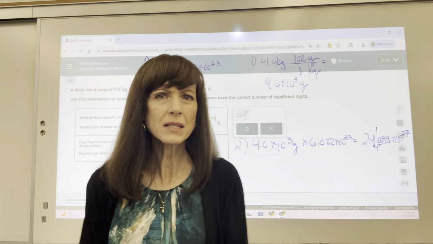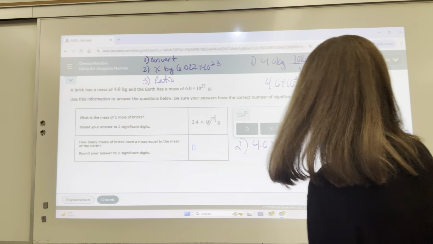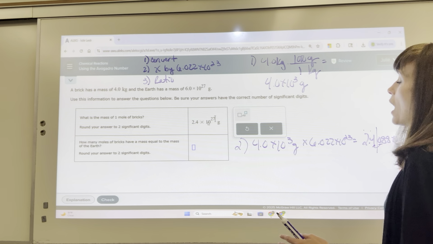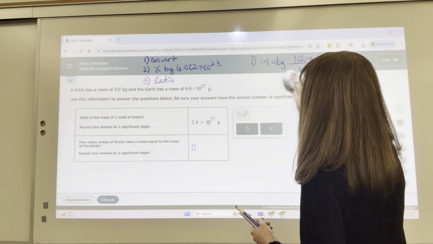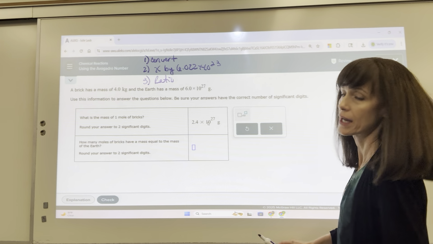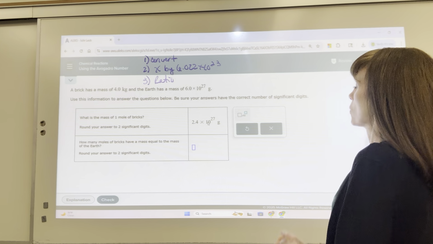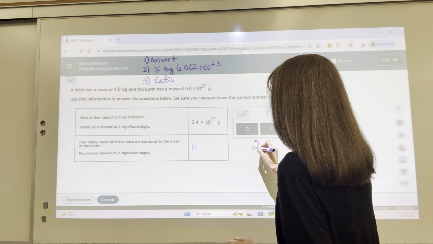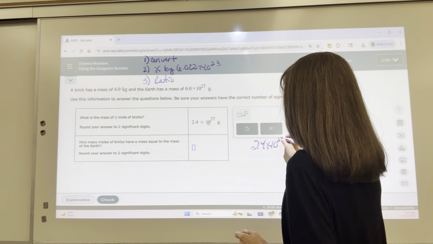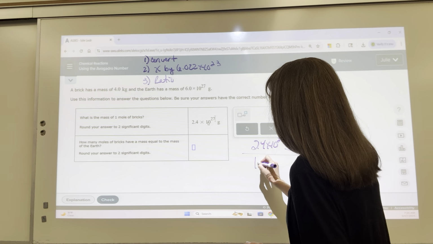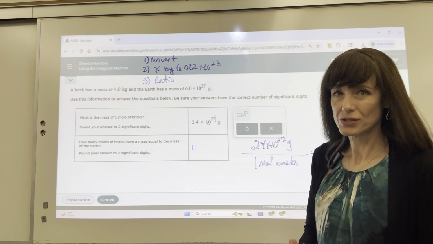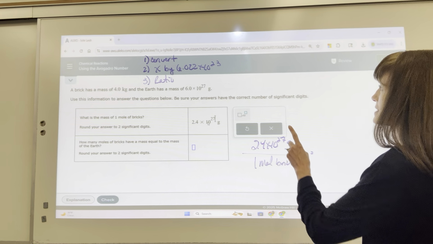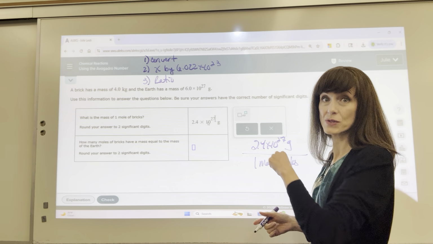Excellent. Now let's look at this last part. It says, how many moles of bricks have a mass equal to the mass of the earth? So let me show you how to set up this ratio. We just discovered that there's 2.4 times 10 to the 27 grams for every 1 mole of bricks. Well, our question is, what if instead you have the same mass as earth?